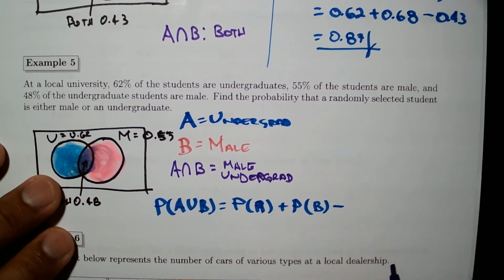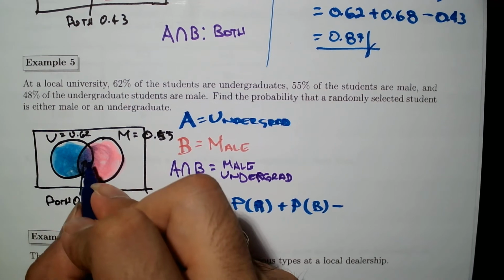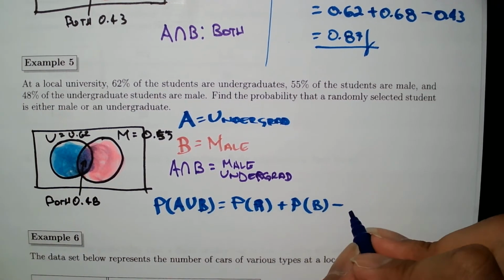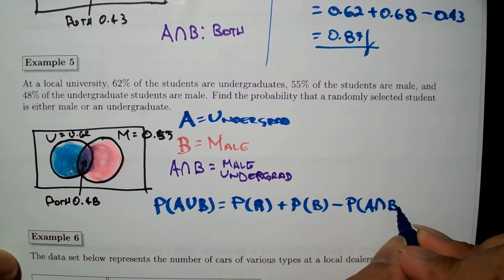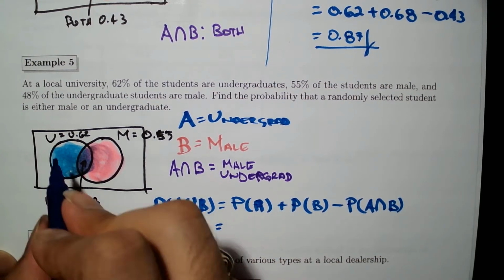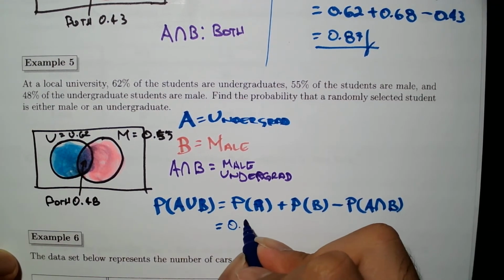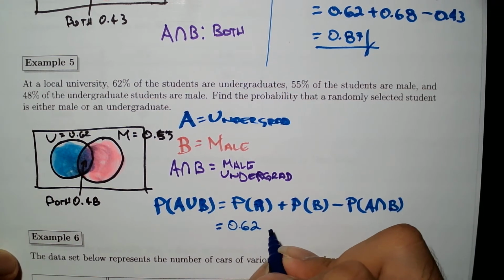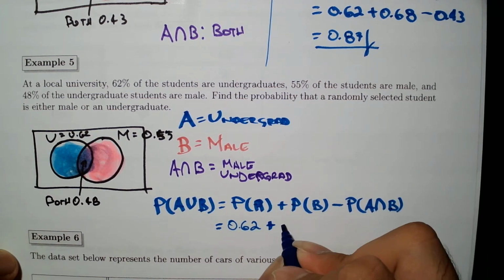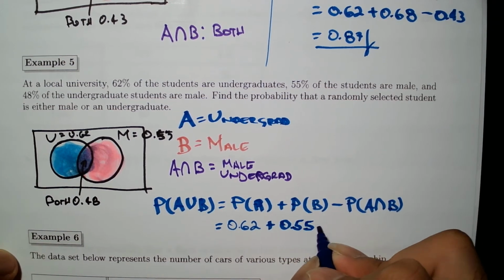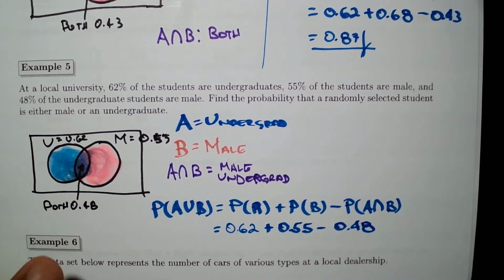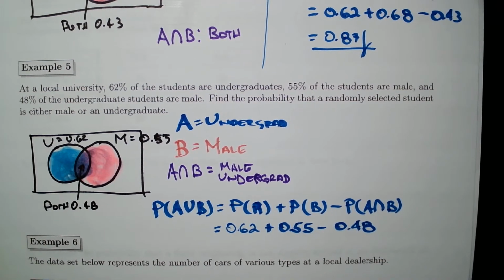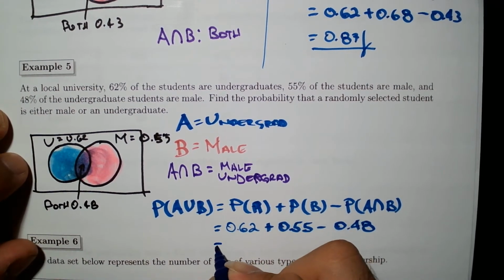But in this case, again, we are going to subtract overlaps to avoid counting them twice. Let's plug in the numbers. 0.62 plus 0.55 minus 0.48, which will give us a total of 0.69.